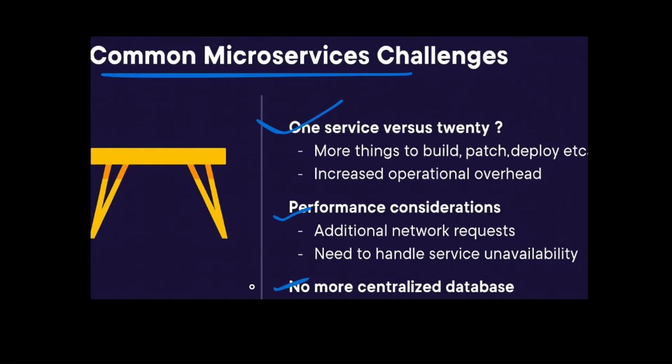And finally, there is no longer a centralized database. Since each service owns its own data, it becomes difficult to query or report across multiple microservices without additional patterns like API composition or event driven data sharing. These challenges don't make microservices bad, they just highlight the importance of good design, automation, and observability.